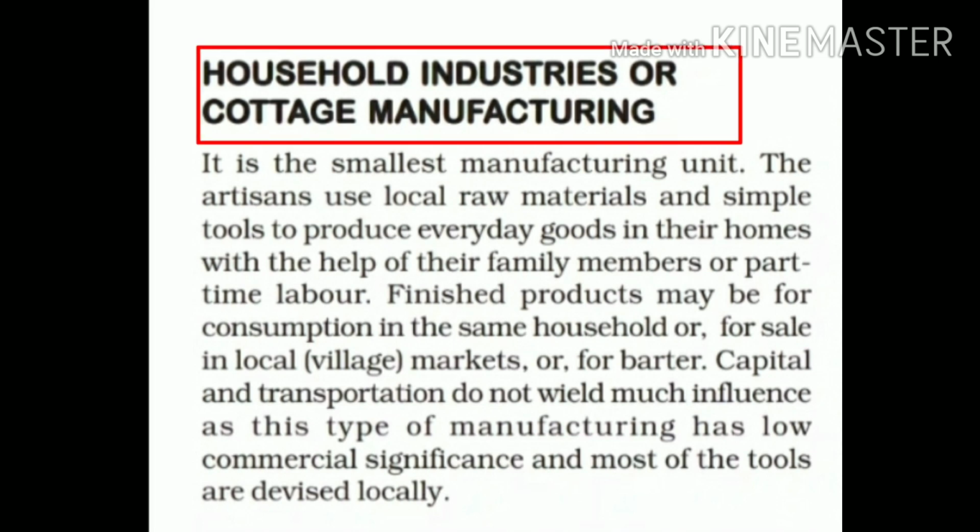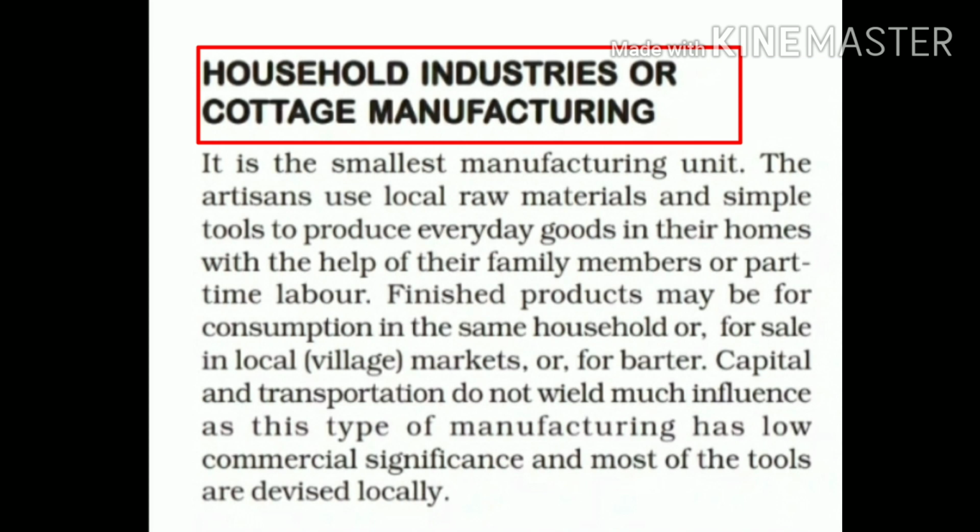The artisans use local raw material and simple tools to produce everyday goods in their homes with the help of their family members for part-time labor. Finished products may be for consumption in the same household or for sale in local markets or barter.